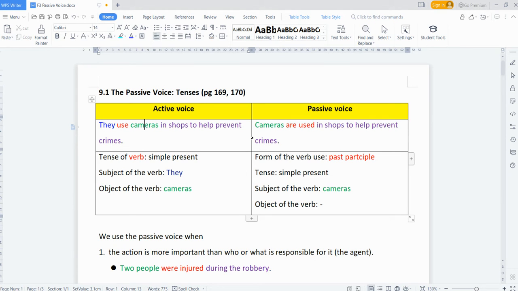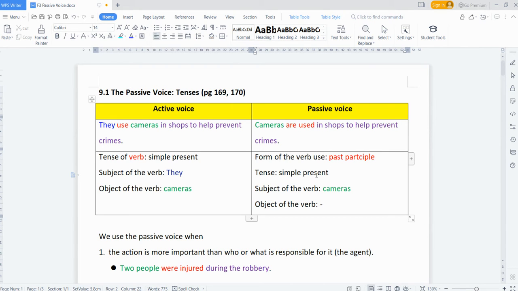Okay, next we look at the passive voice. The same meaning, but the structure is different. Cameras are used in shops to help prevent crimes. So when you turn this sentence into passive, you can see the form of the verb used is past participle. Here is used, this one is are used, past participle.